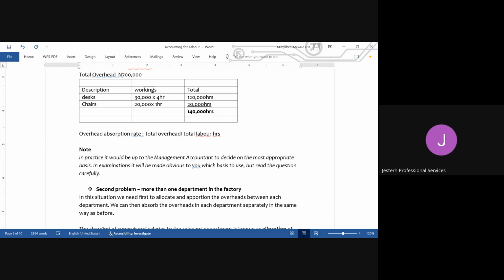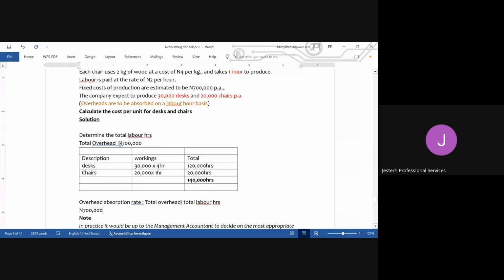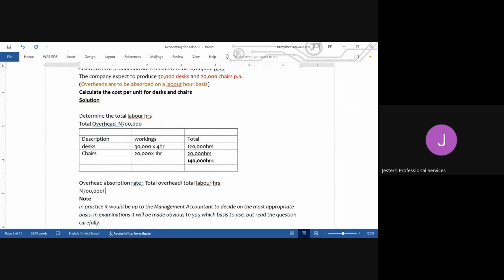Now our total overhead is 700,000. Seems like for next class we will adopt this Excel approach so that we'll be seeing the questions. Now this is our overhead 700,000 divided by the total labor hours it takes us to produce these productions.